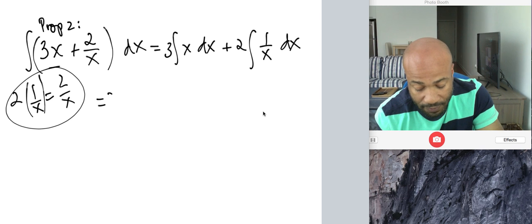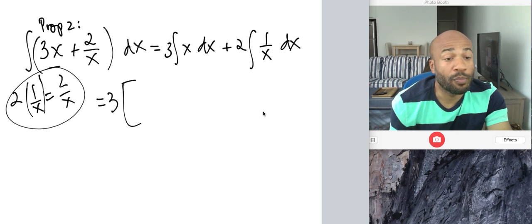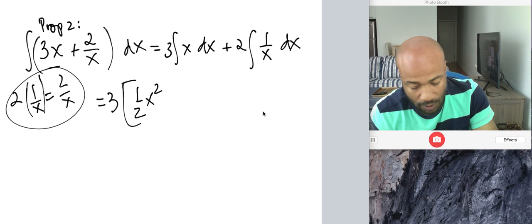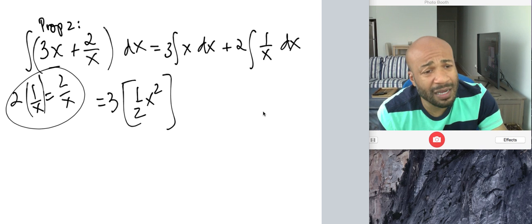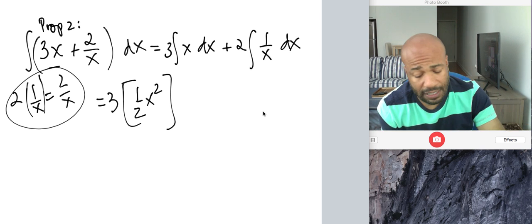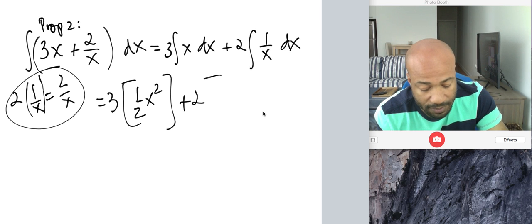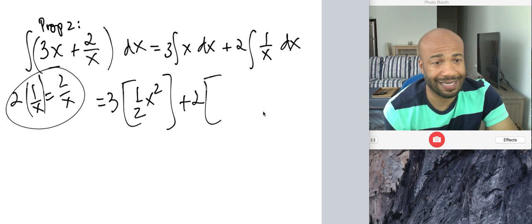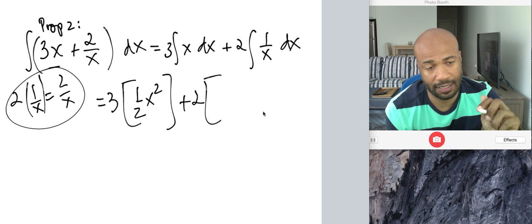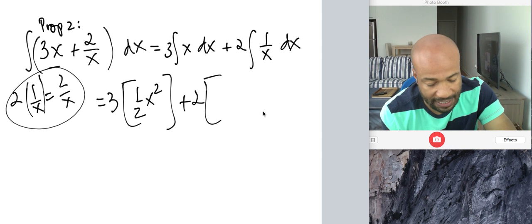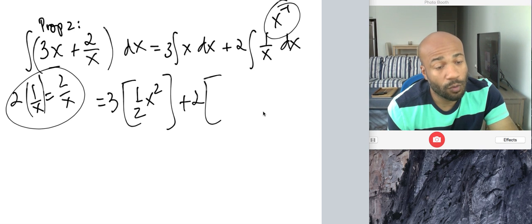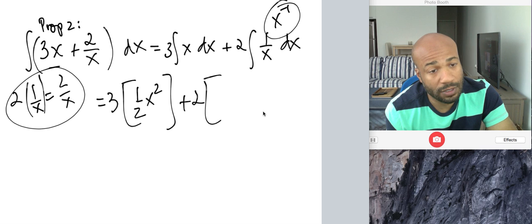So now I have 3 times, well, from the previous problem, I already know that the integral of x dx is equal to 1/2 x squared. And I'm not going to do the plus c yet, I'll do it all the way at the end. Plus 2 times, well, from 1 over x, that means the n is equal to -1. So that's really x to the -1. Well, as soon as I say -1, we're talking about the log rule, that natural log rule.